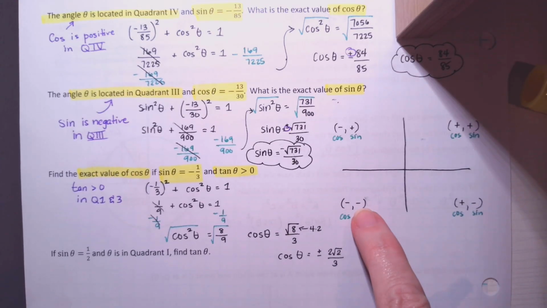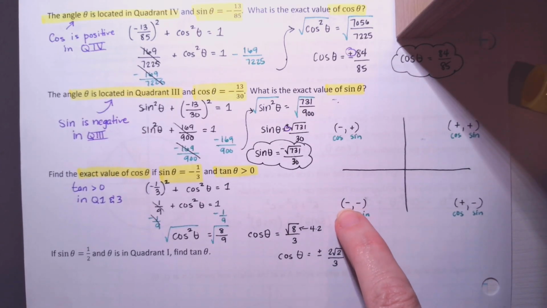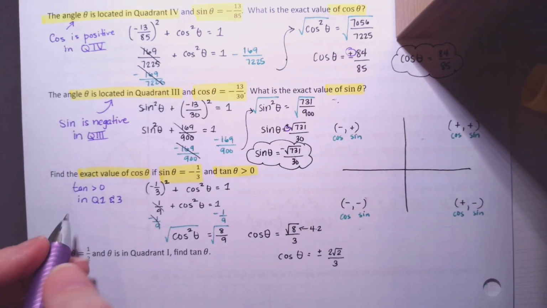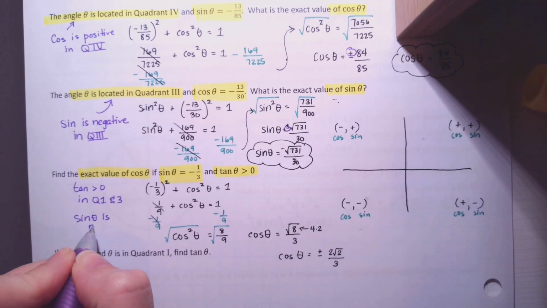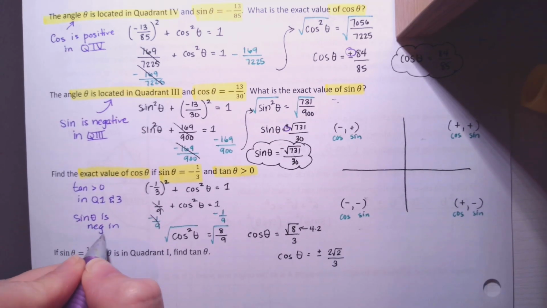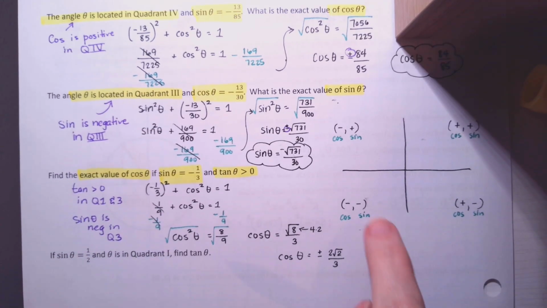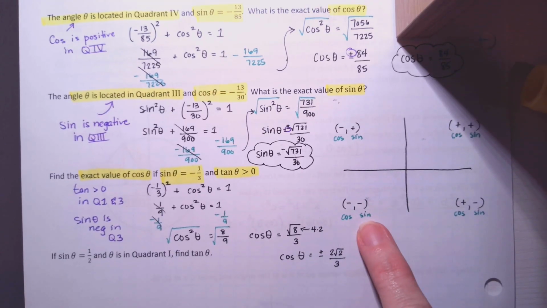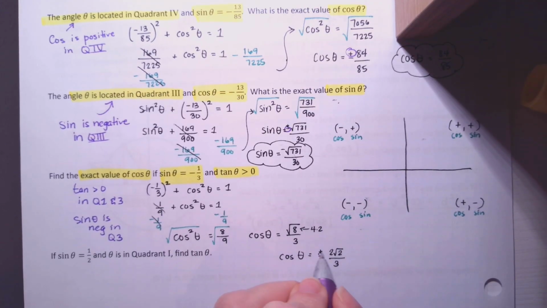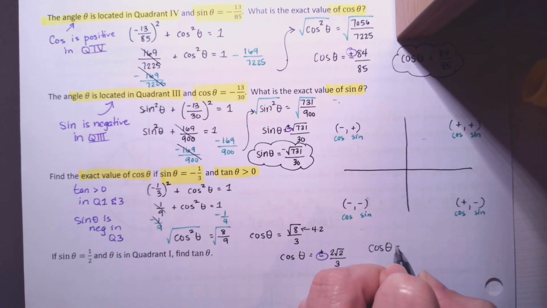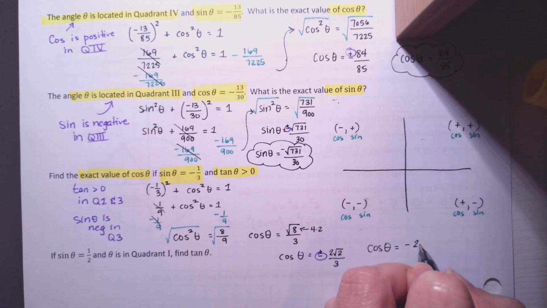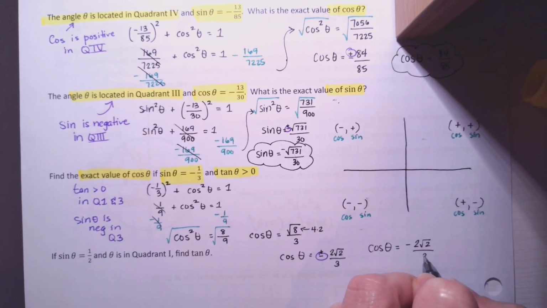So I'm going to say sine of theta is negative in quadrant 3. So this angle is officially in quadrant 3, which means the cosine will be negative. This one was tricky. Cosine of theta equals negative 2 square root of 2 over 3.